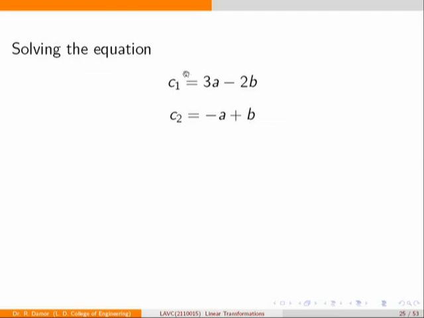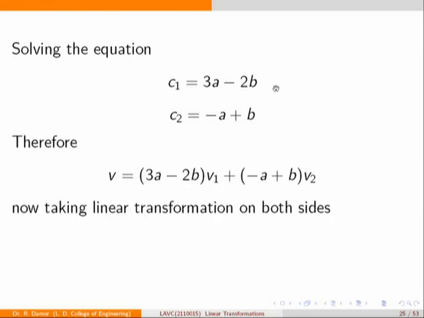Clear? So multiplying C1 and C2 with vectors V1 and V2 gives any element in R2. So V can be written as (3a minus 2b) V1 plus (minus a plus b) V2. So this is my linear combination, and these are my coefficients.